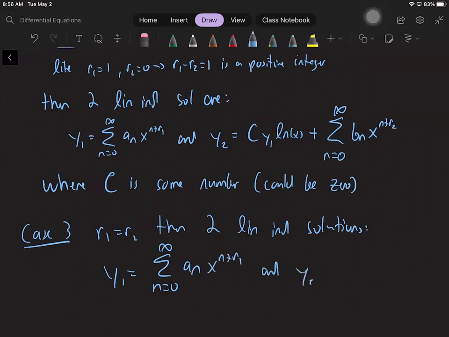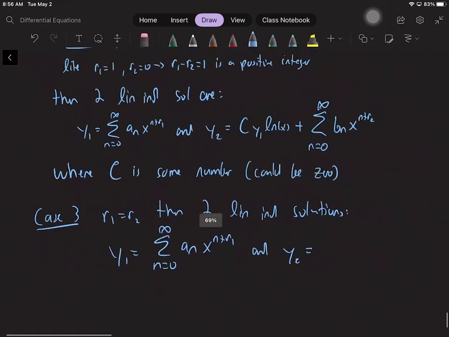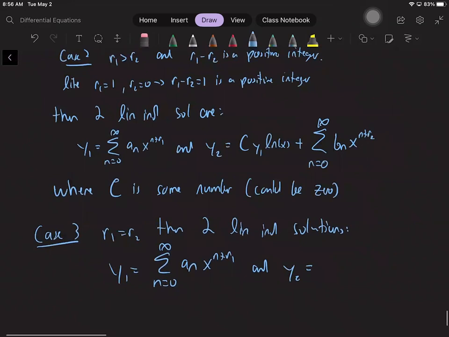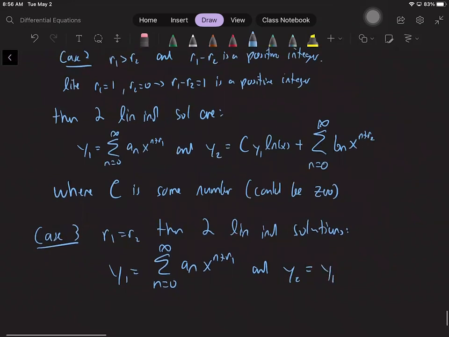And the second one is fixed by multiplying by ln of x. So y1 will have to be multiplied by ln of x, and then you'll have this extra series that starts at 1.